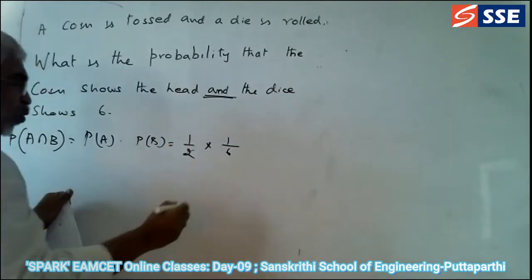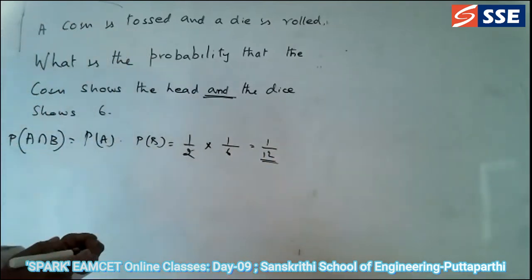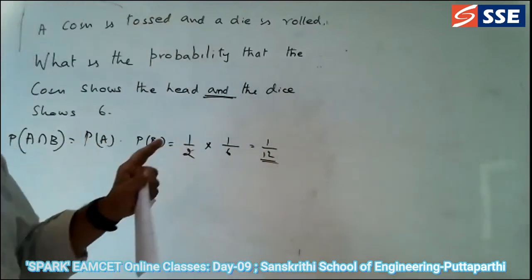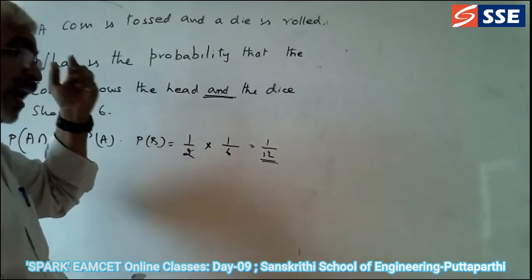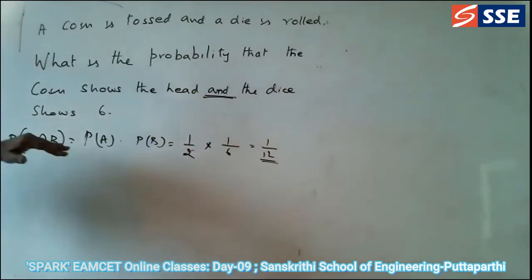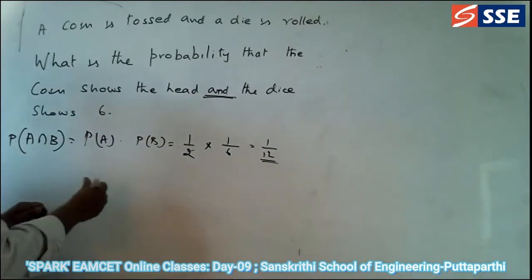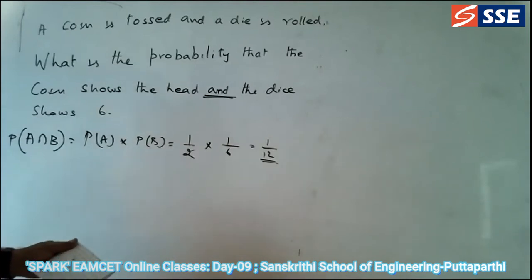So you get 1 by 12. So 1 by 12 is the answer. P of A intersection B is equal to P of A into P of B. Now you can understand this.